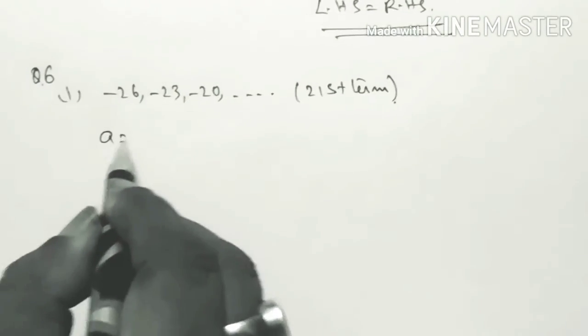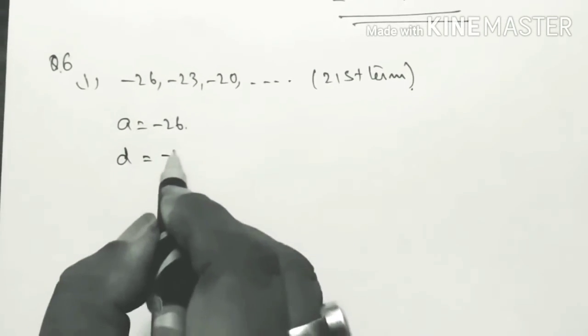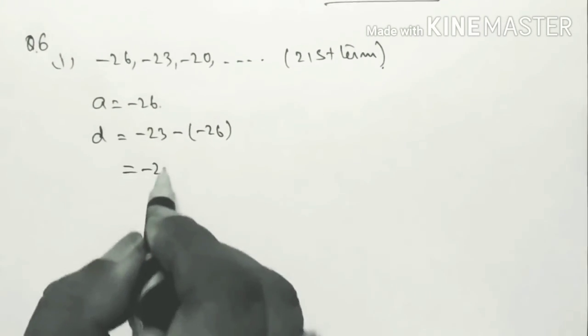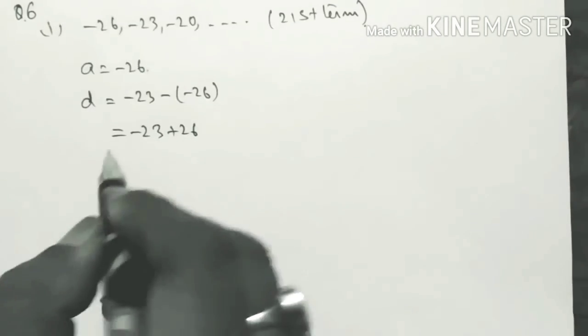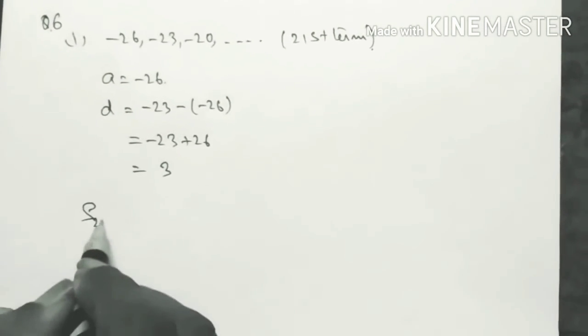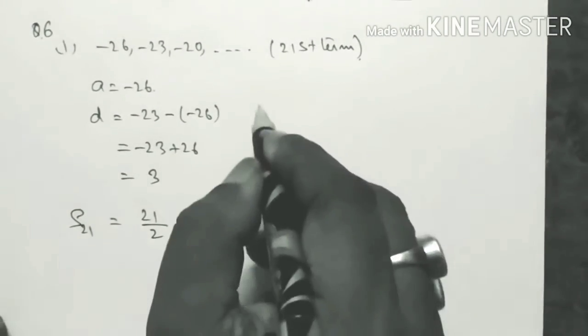Here your A is minus 26. Your D is second minus first, minus 23 minus 26, that is equal to minus 23 plus 26, which comes out to be 3.